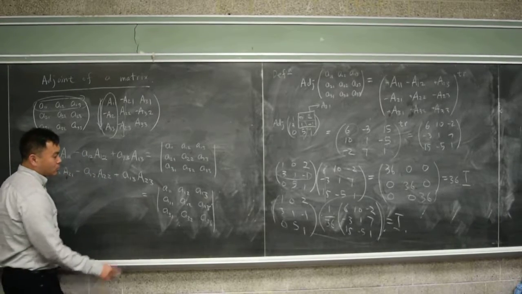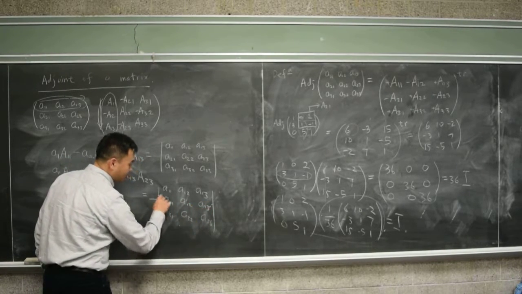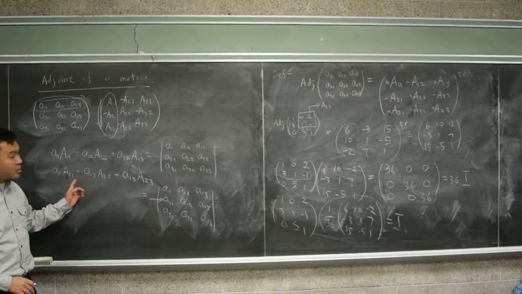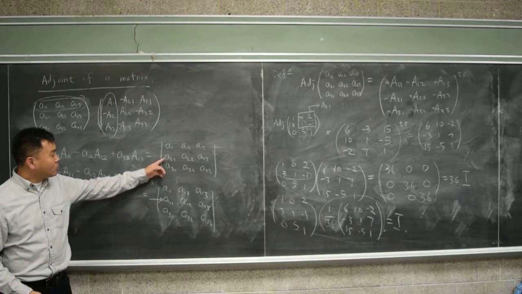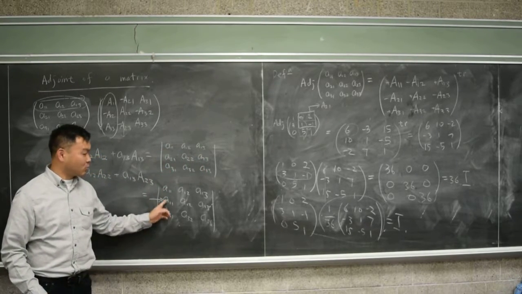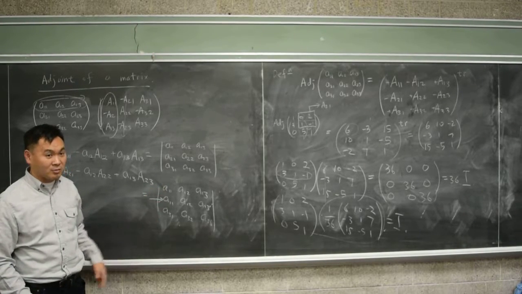If you took this matrix and expanded around here, you're going to get exactly this. In other words, this is a determinant of a matrix where you take the original matrix and replace the second column by the first one. So the first two columns are the same.